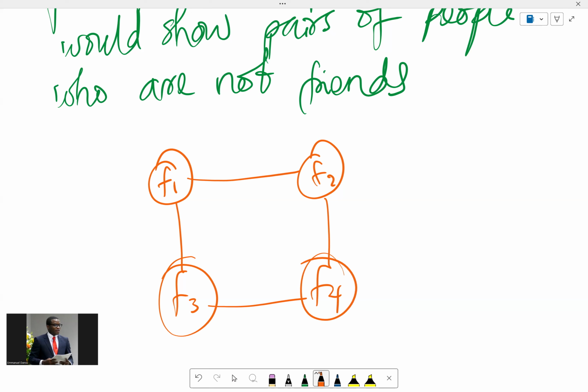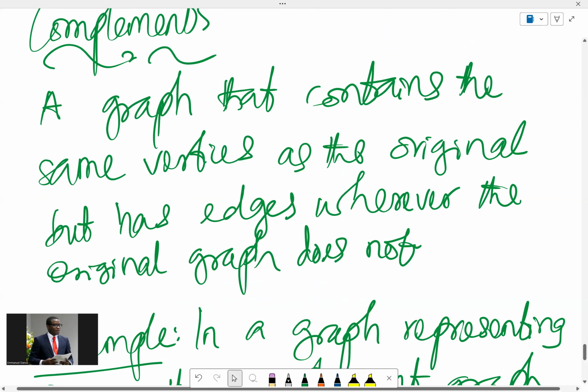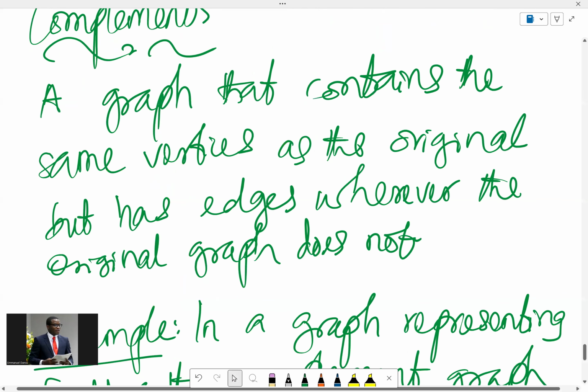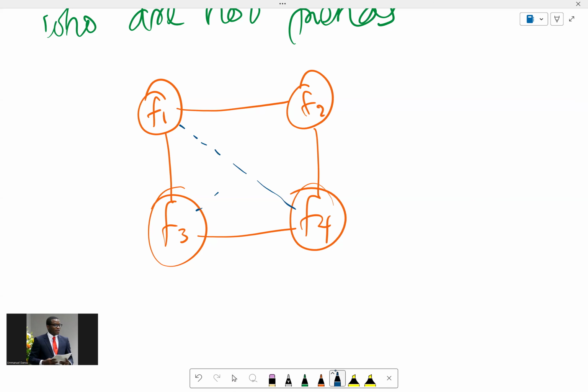So what will be the complement graph here? From the definition, a graph that contains the same vertices as the original but has edges wherever the original graph does not. Imagine that the dotted ones are the edges now. The complement graph will be F1, F2, F3, F4.